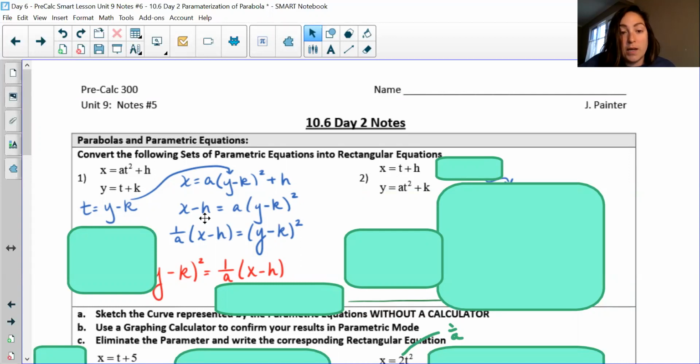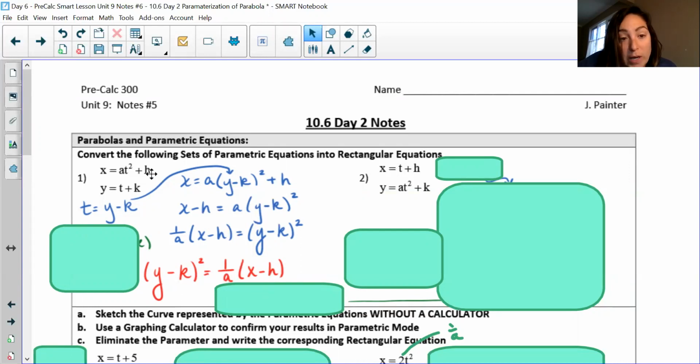So we subtract h, divide by a, and we get y minus k squared equals 1 over a times x minus h. So looking at this, that means that my vertex is the coordinates h, k.